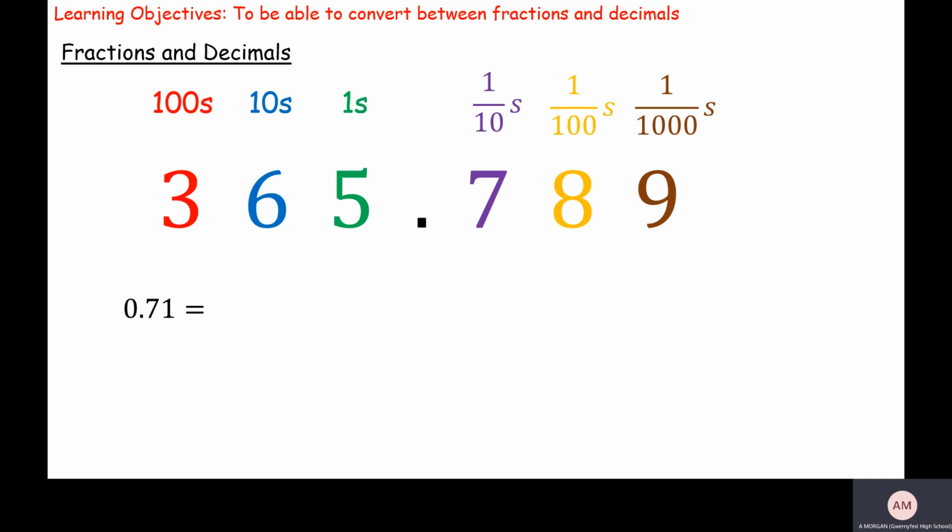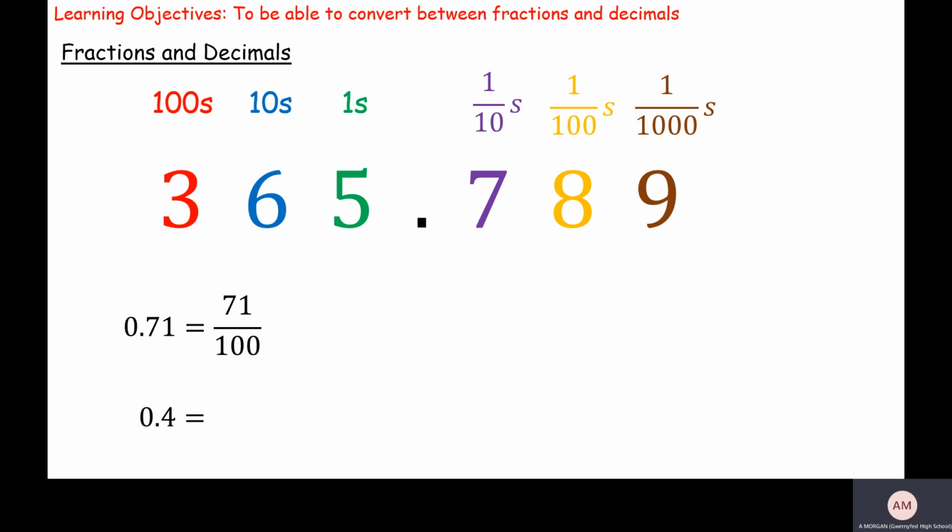It uses the tenths column and the hundredths column. Now, we can't put it all over tenths because the 1 doesn't fit. But what we can do is put it all over hundredths. That is the same as 71 hundredths, or 71 over 100.